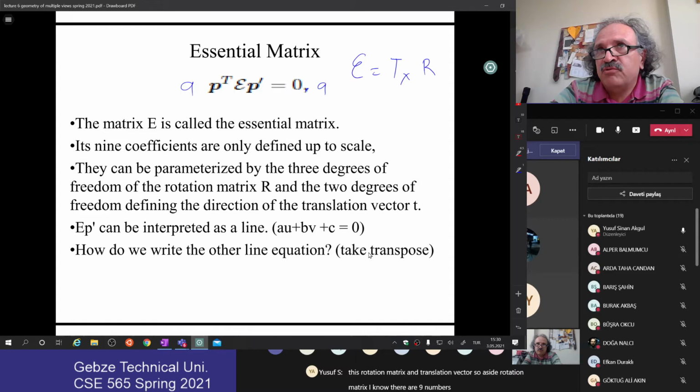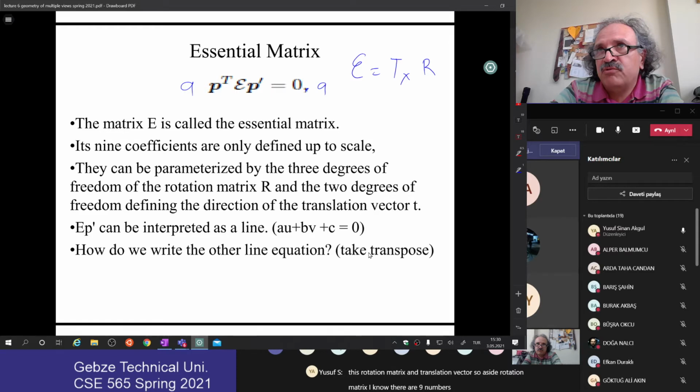So this multiplication would produce a line for me, and if I put this point on that line, it should produce a 0, like with the homogeneous coordinates, right? So this equation essentially captures this epipolar geometry. In the epipolar geometry, what did I say? If I am going to search for this P on the other image, this is what I am going to do.